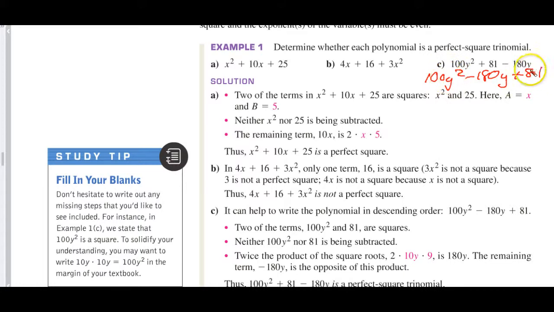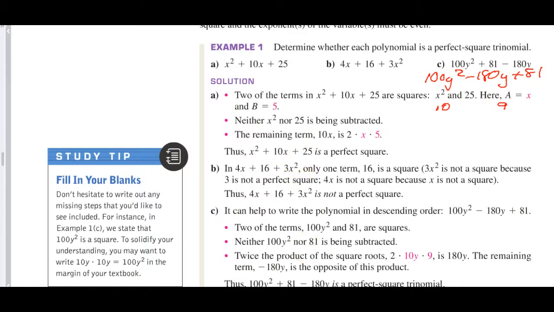Is this a perfect square? Yes. Now, what's the square root of 100? 10. What's the square root of 81? 9. Now, 9 times 10 is 90, and if you double it, you get 180. So yes, this is a perfect square.